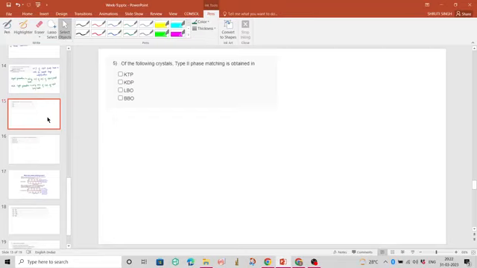In which of the following crystals is type 2 phase matching obtained? Now we have to see what type of phase matching happens in which crystals. Here I am writing the crystal, and here is the phase matching.